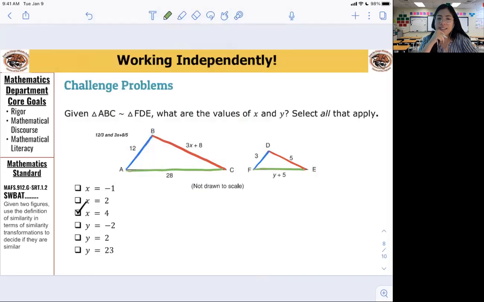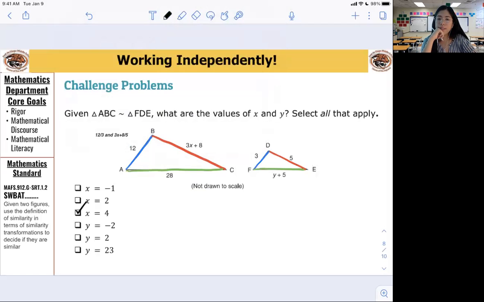That's not correct. Did I say it wrong? No, you got the wrong answer. It's not 23. 23 plus 5 is 28. Yeah, but that's not what we're doing.